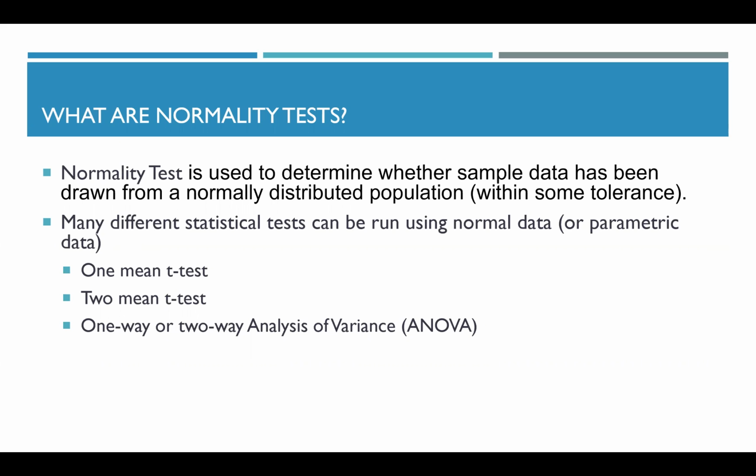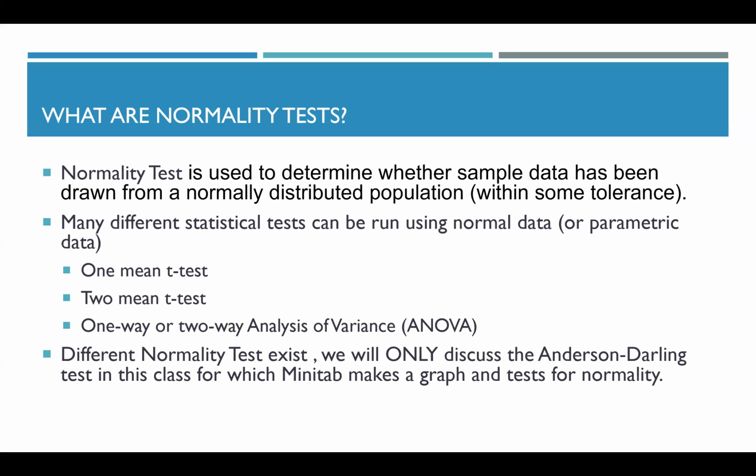So again, for a lot of the statistical analyses that we do, we make that assumption. So really this test of normality is one that you almost have to run near the beginning of your research so that you can justify the assumption that it is a normal distribution.